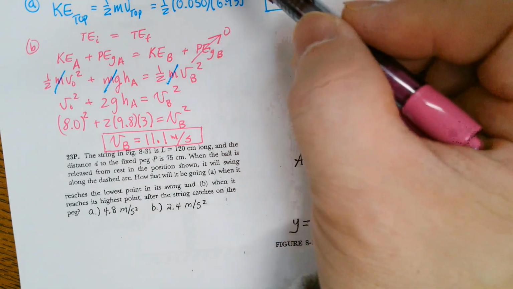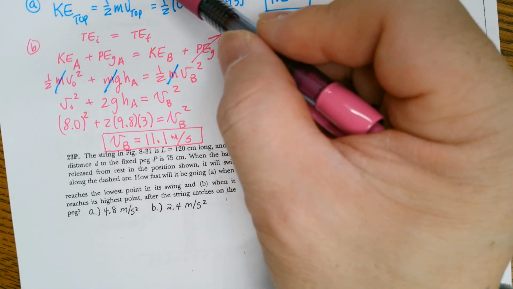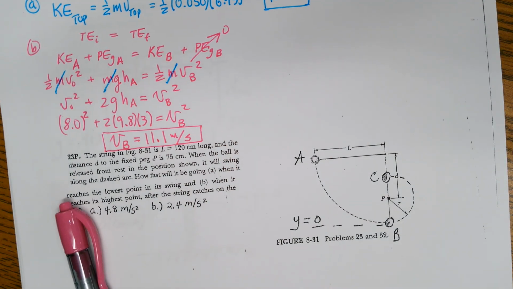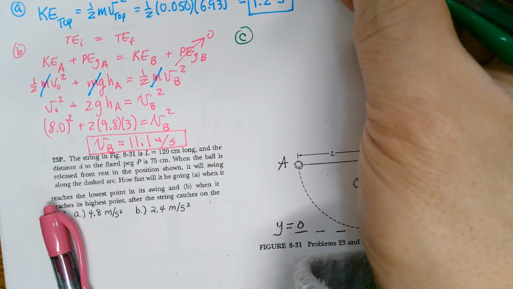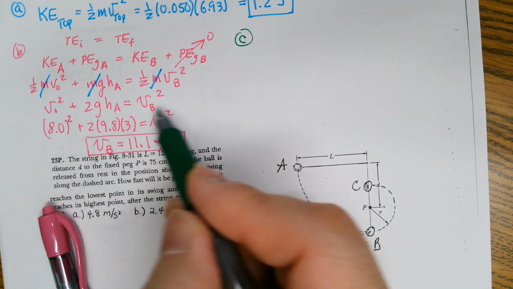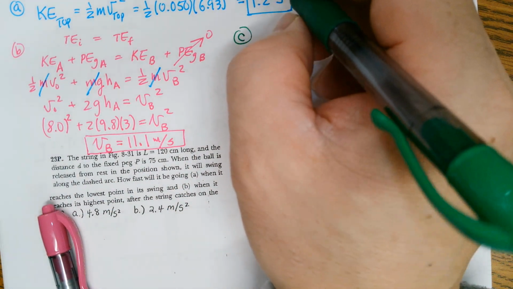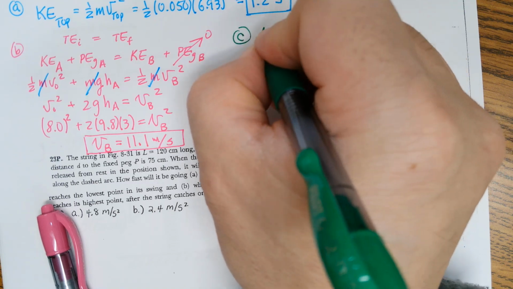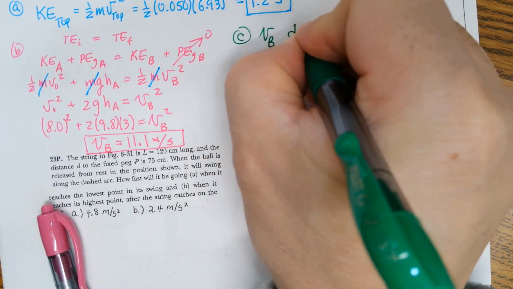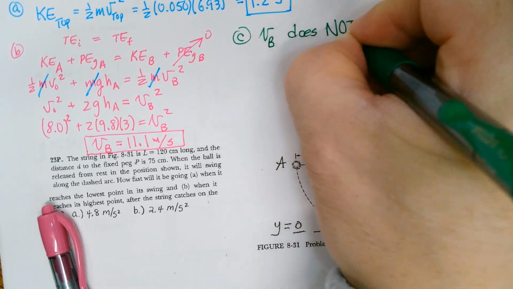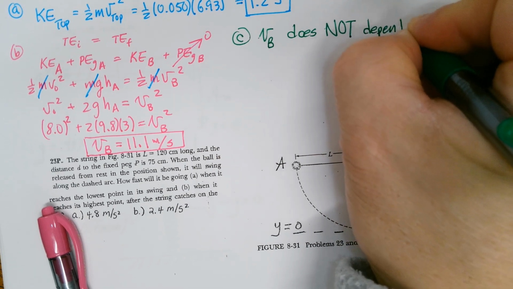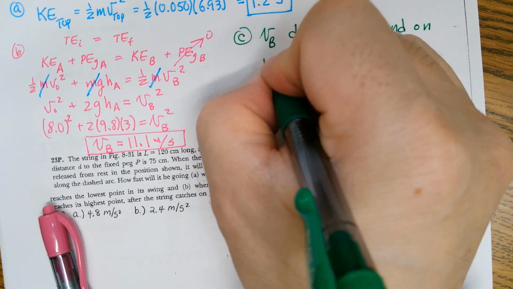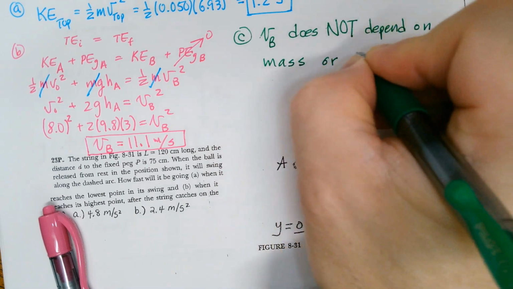Let's take a look at, does the answer to B depend on either mass of the ball or initial angle? Well, what do you think? Does it depend on the angle or the mass of the ball? Well, look at that. We canceled out all the masses, right? So v at B does not depend on mass or angle.